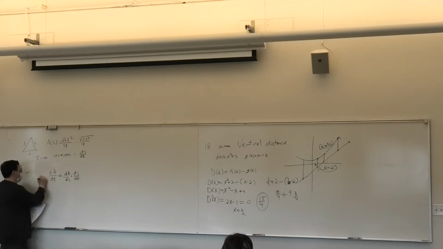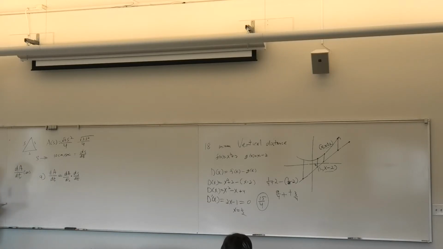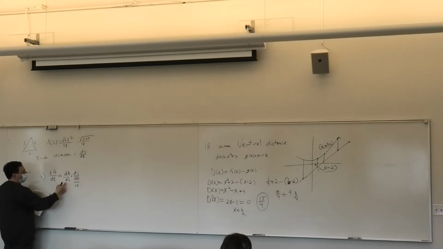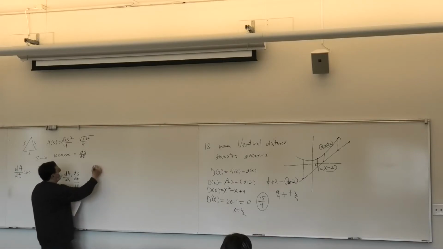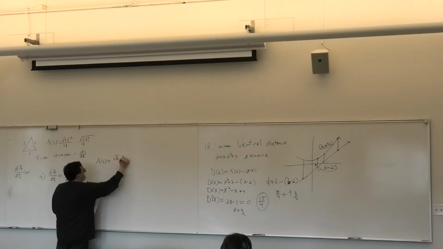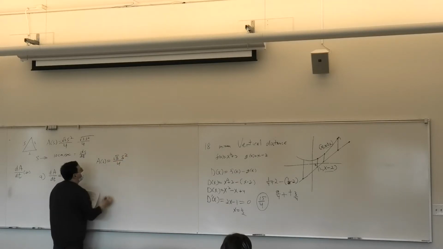So this is like A. You don't have to follow this ABC thing. Use part A to find the equation for the change in area with respect to time in terms of S. Well, we know ds dt is 10. A of S is equal to square root of 3 S squared over 4.